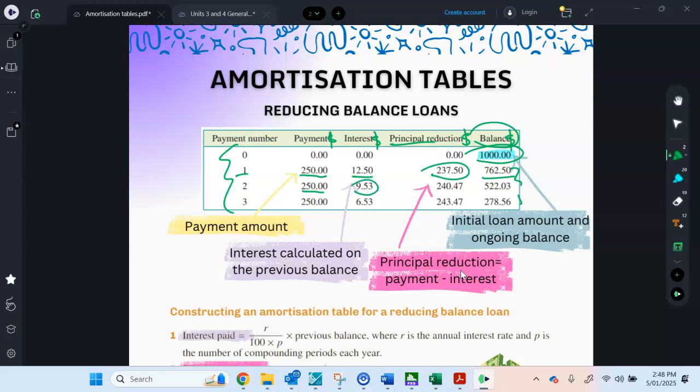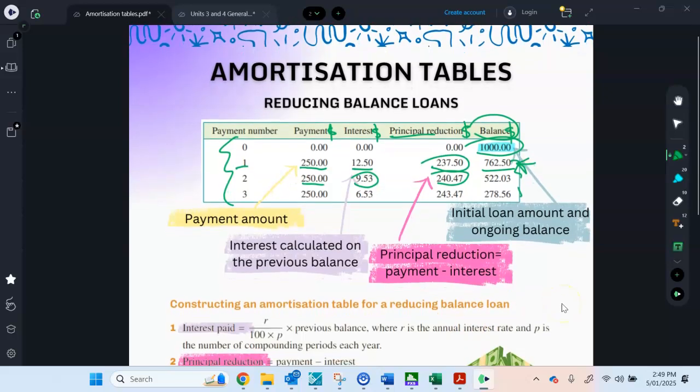It's now $9.53, and that's because you're calculating interest on a smaller amount. You're calculating it on $762.50 as opposed to the original $1,000. So your principal reduction is slightly more, and then you're left with your balance. It keeps going, and you can see after 4 years, it's nearly at zero. So you'll have to go into another payment.